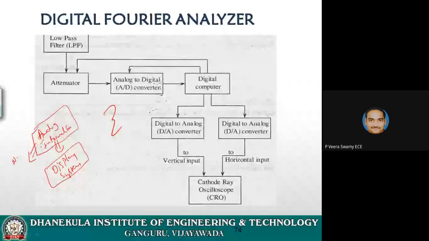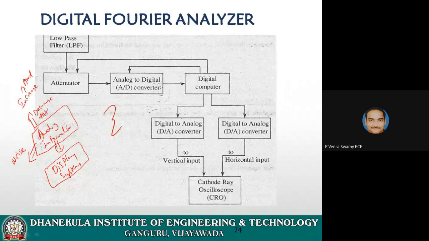Only up to previous, you have to increase using an amplifier, otherwise you have to decrease using an attenuator. These two things are only possible in previous analog information circuits.